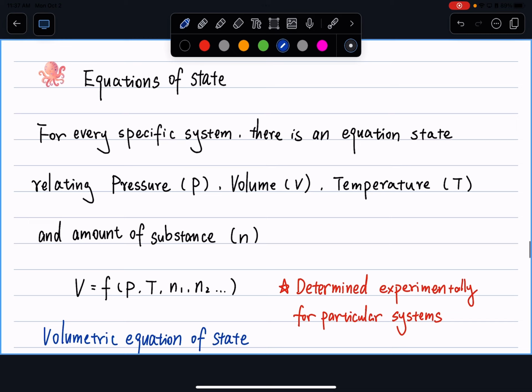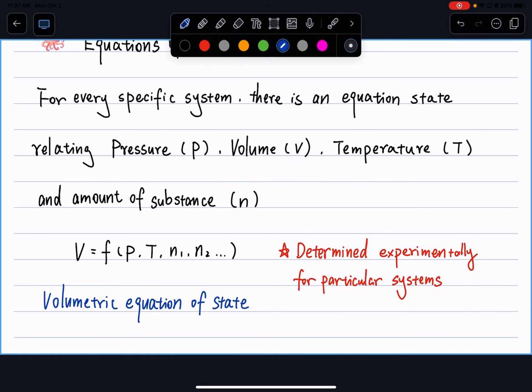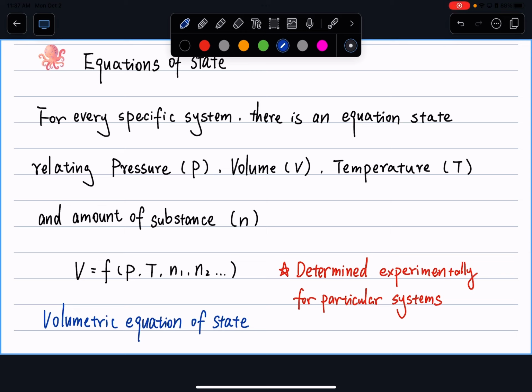All right. Our last topic of today is equations of state. Here we're generalizing what we learned about ideal gases and what exactly the ideal gas law means. The general idea of equations of state is that for every specific system, there exists an equation of state.